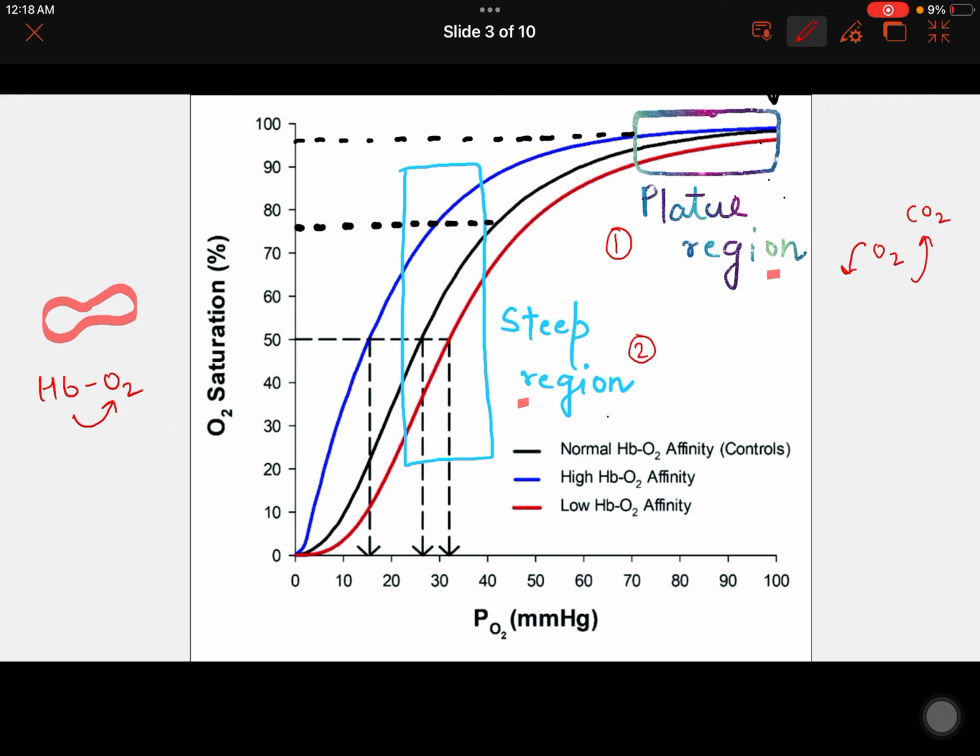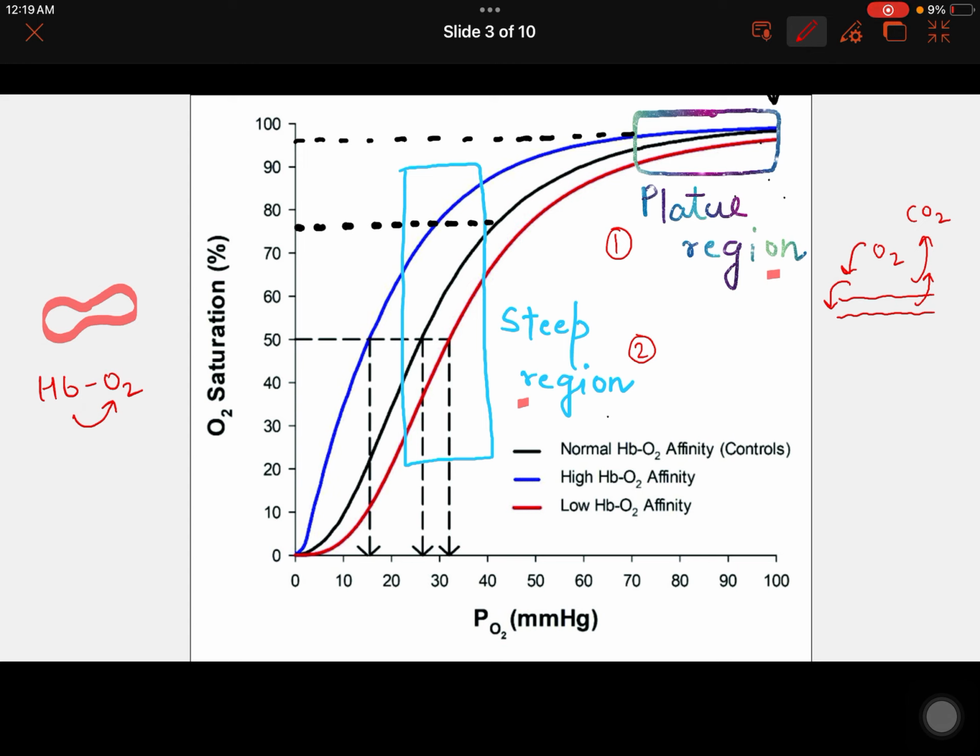If these are the blood capillaries, oxygen should go inside, so perfusion should happen. Perfusion of oxygen happens in the pulmonary capillaries, and CO2 goes out from the capillaries into the lungs. This happens very frequently.